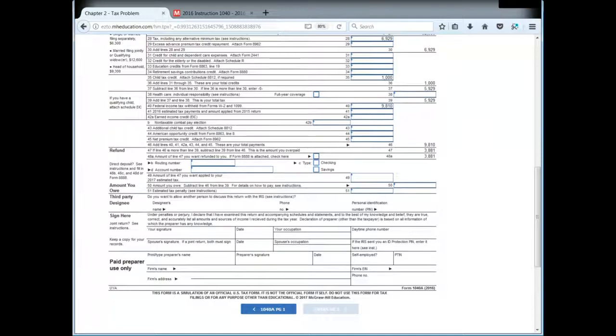So on the actual tax form, there's going to be like a section where you can just enter that in, right? So when you enter it in, it's automatically going to start adjusting for Social Security and Medicare taxes. Right, so in this scenario, they're just giving you like the bare minimums.